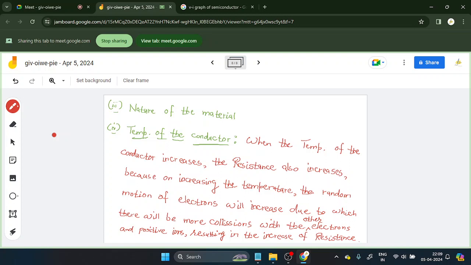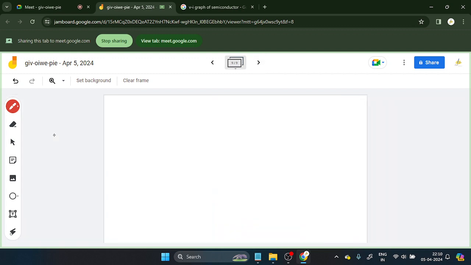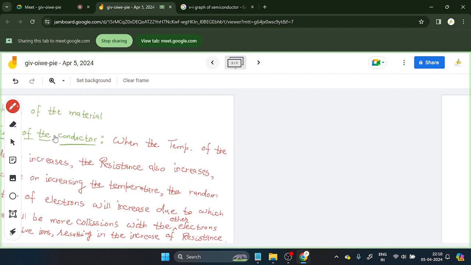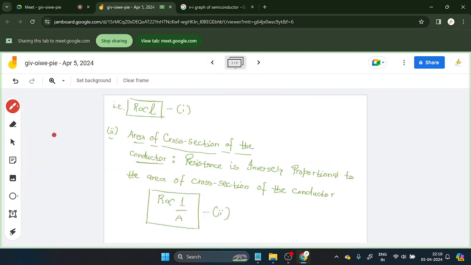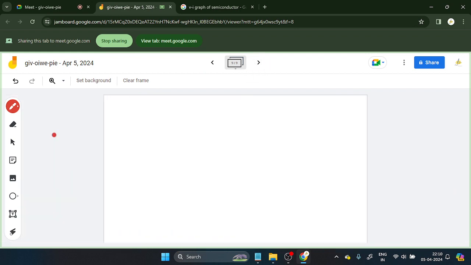Now area of cross section we have discussed. We found two things: it depends upon the length and it depends upon the area of cross section. Now let us combine equations 1 and 2.